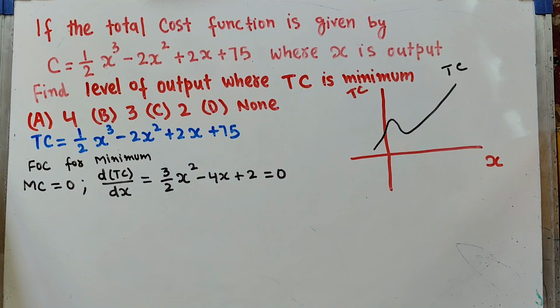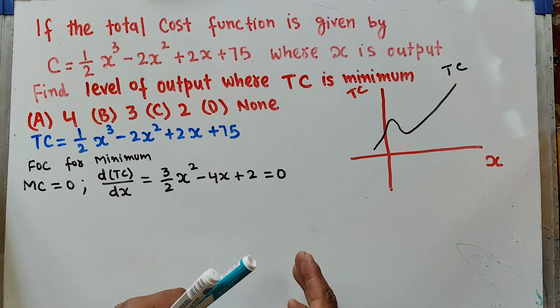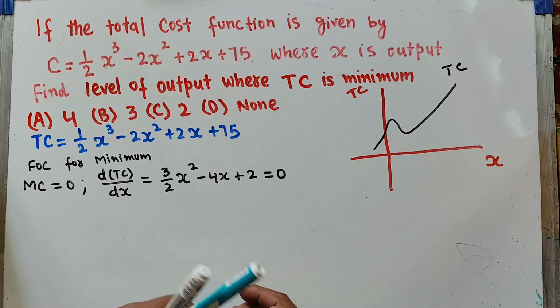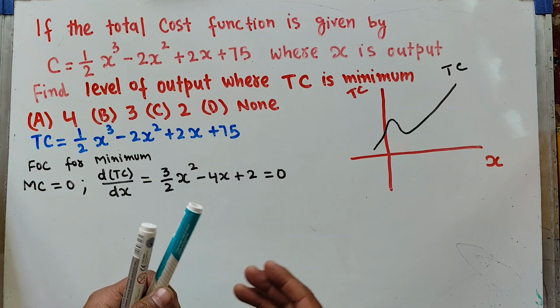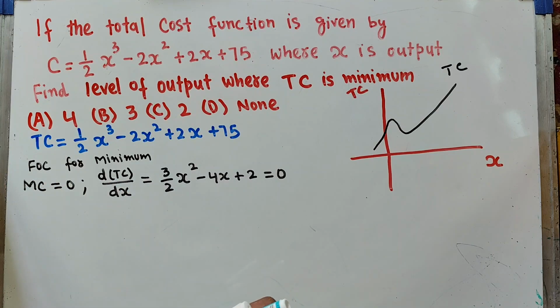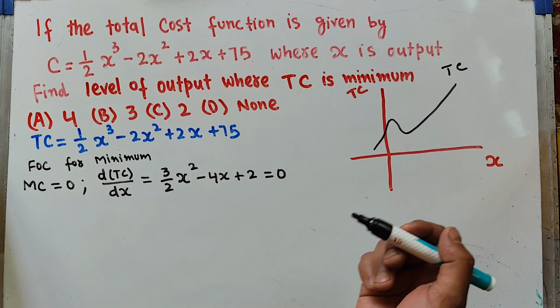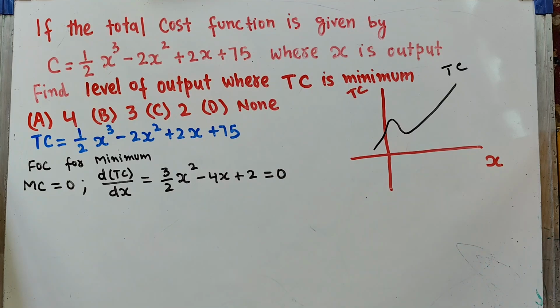This is the first order condition for minimum. It tells us a point where the slope of the function is equal to 0. Here you can see the slope of the function is 0 at 2 points.